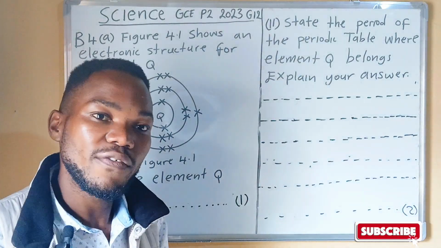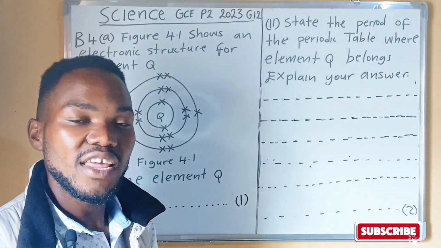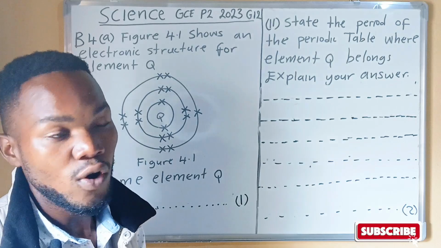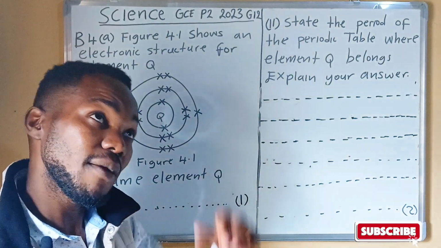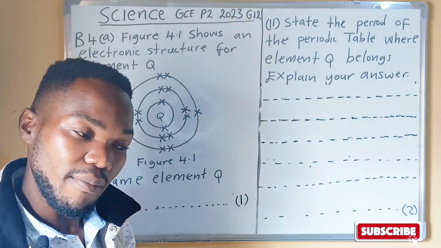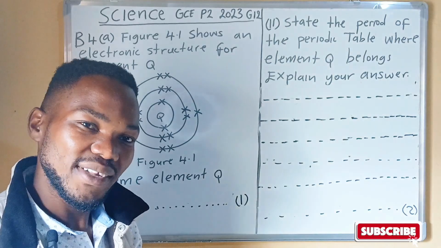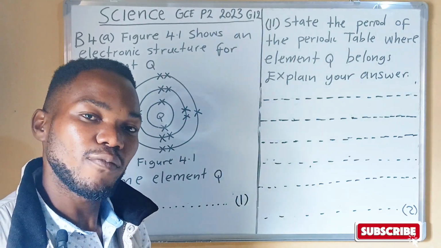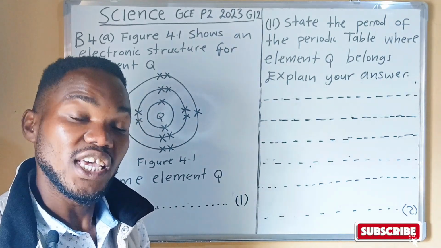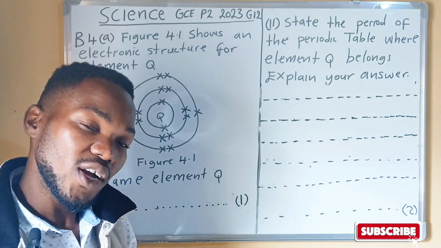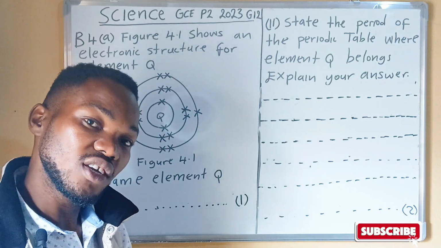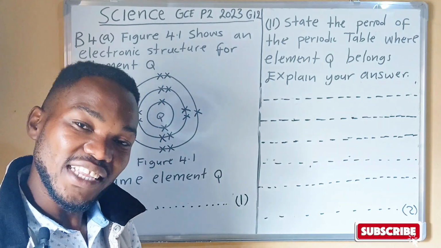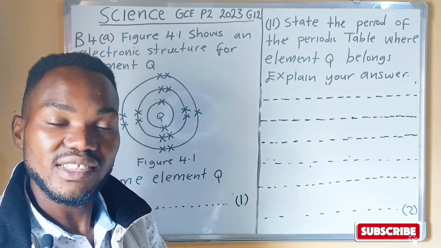For you to know this element, you have to go on the periodic table. There is a number on top and a number down there. The number down represents the number of protons and also the number of electrons, so you focus on that number. You check the periodic table for an element which has got 17 down there.